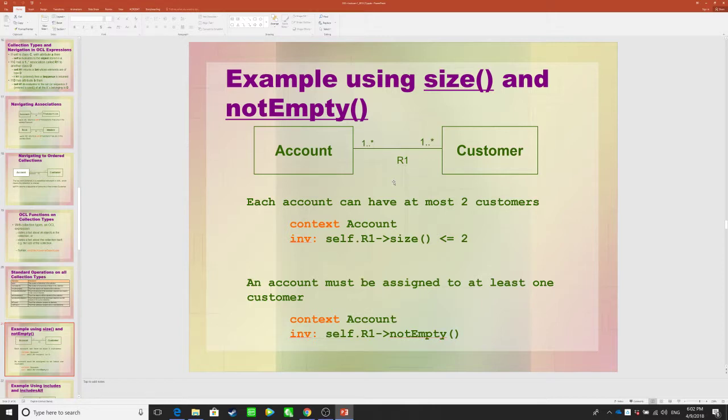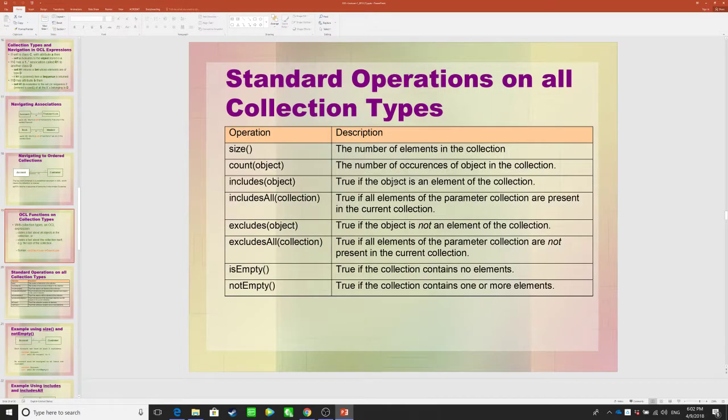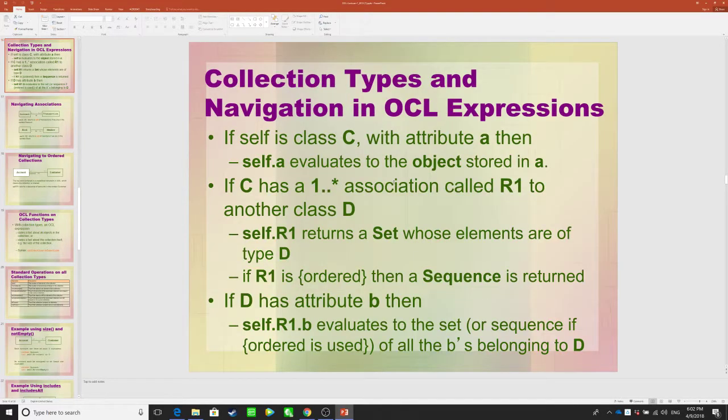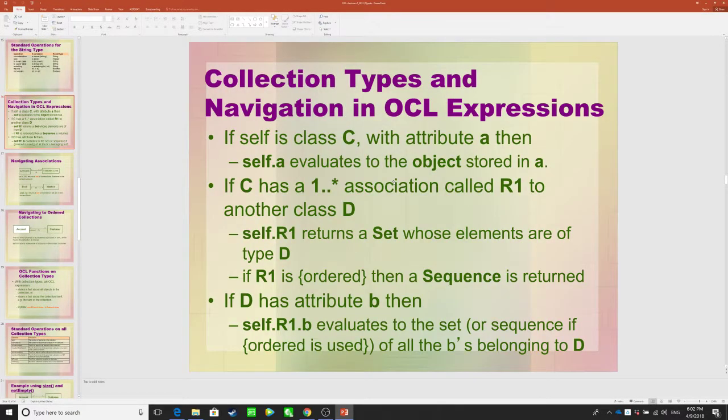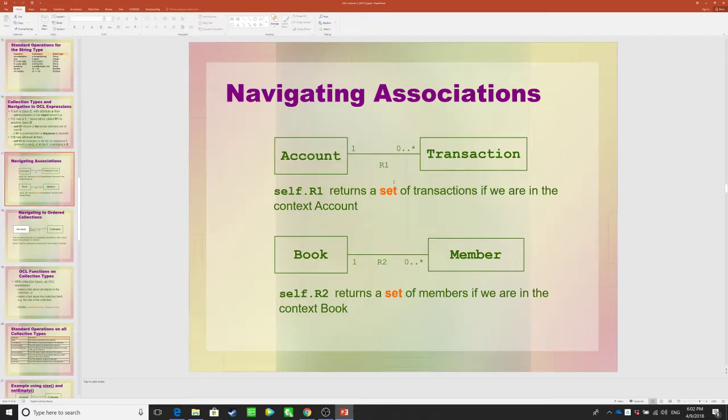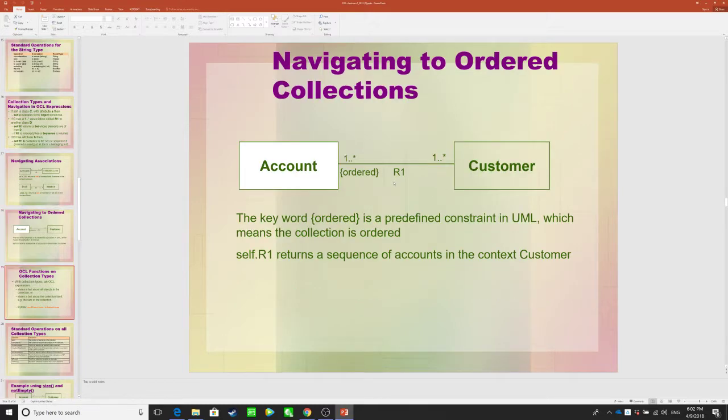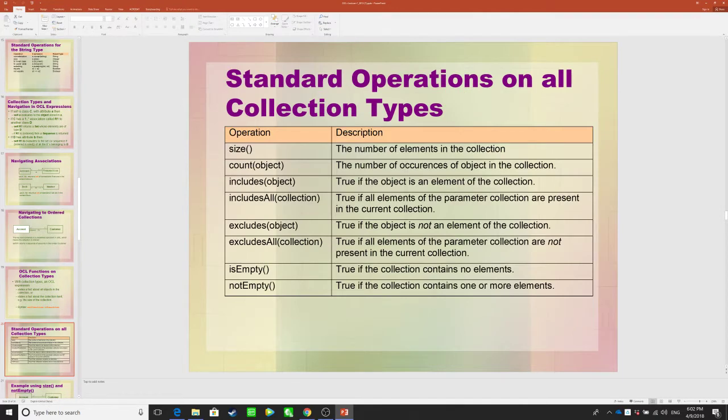Remember here, self.r1 returns a set because it's one to many, right? An account has many transactions. When we say account.r1, it returns all the transactions of that account. So it's the same here.